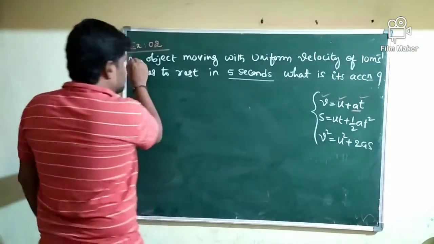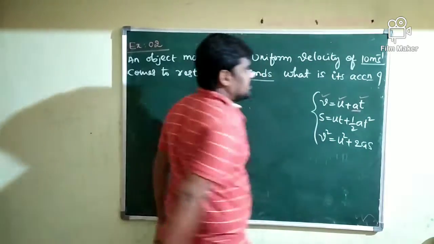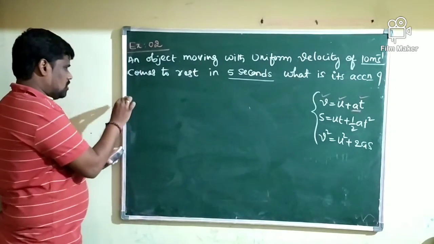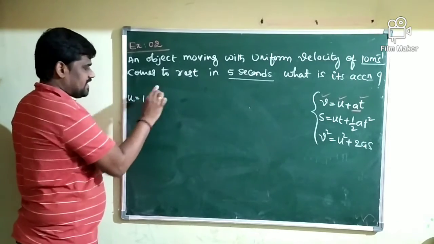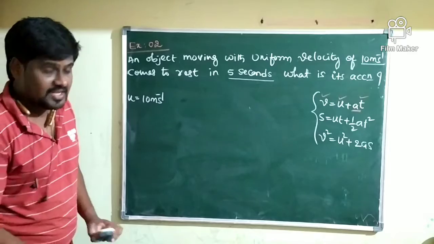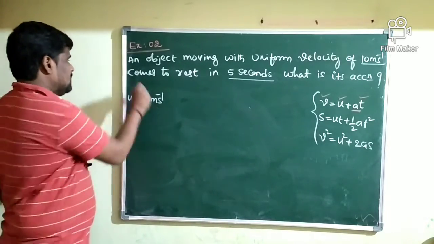An object moving with uniform velocity of 10 meter per second. So initially the object was not at rest; it is moving with a velocity of 10 meter per second.